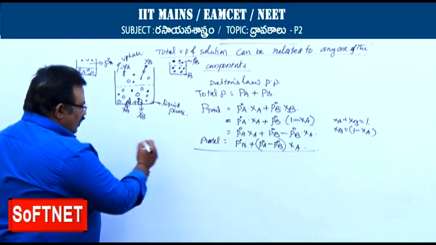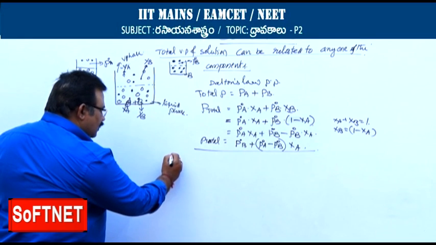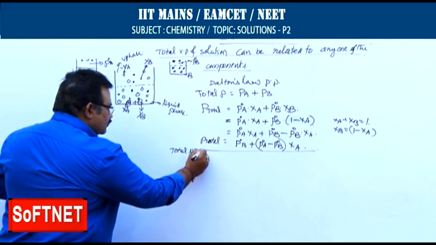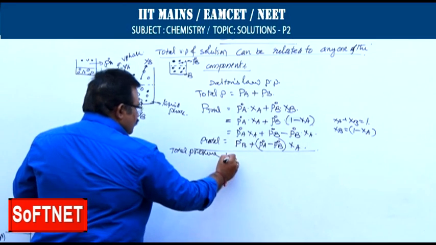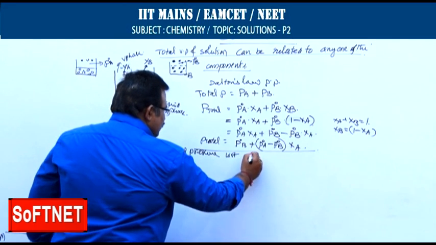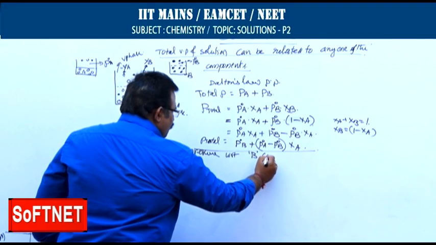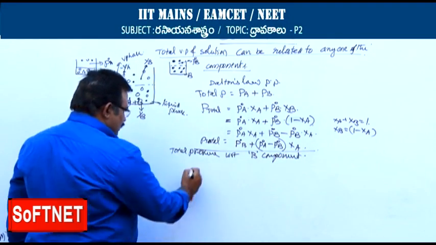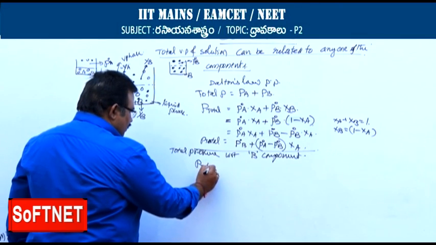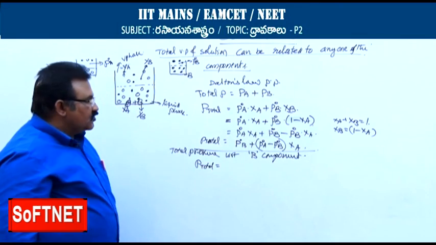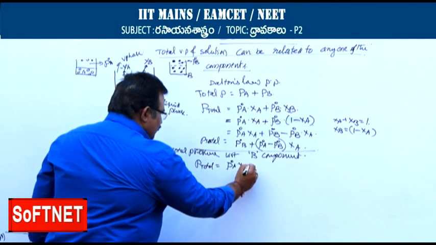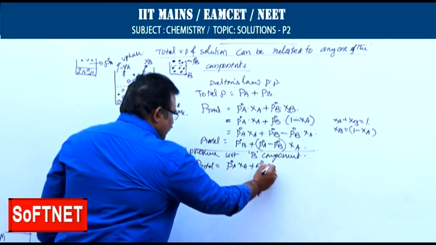Similarly, we can calculate the total pressure with respect to B component. So, P total is equal to P0 A XA plus P0 B XB.